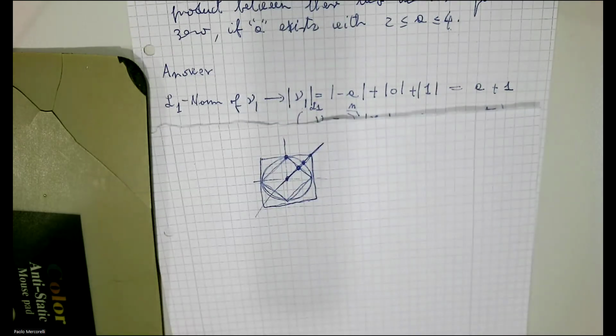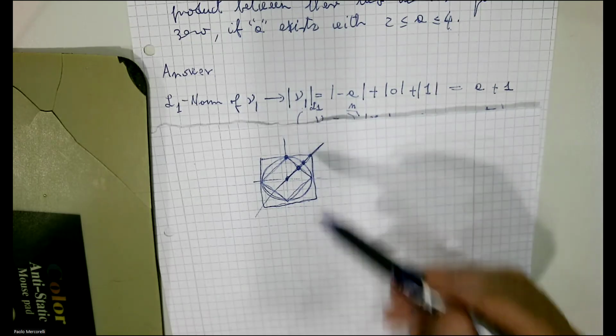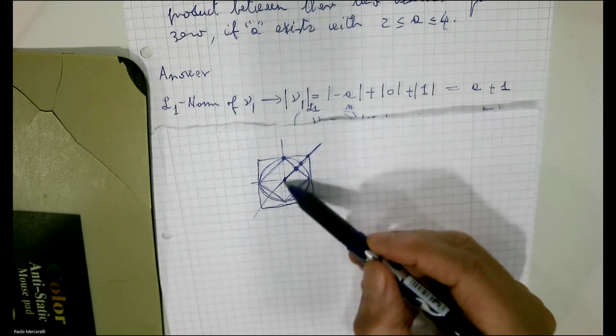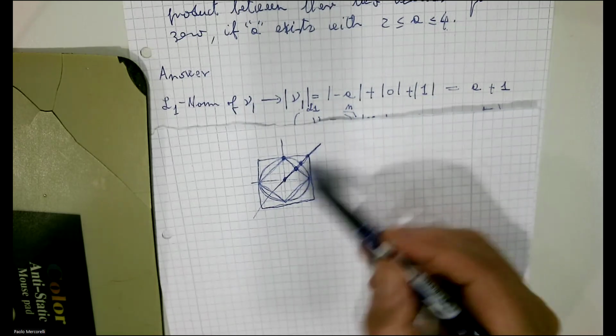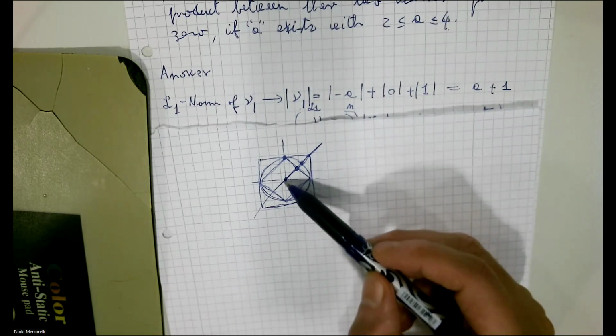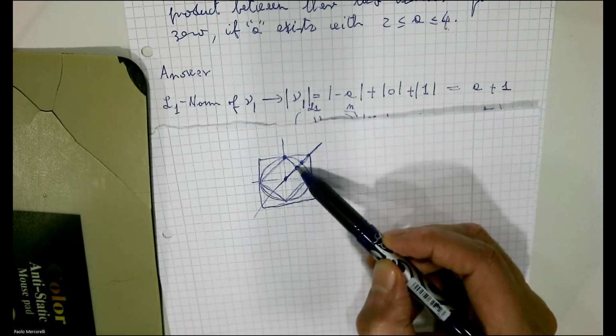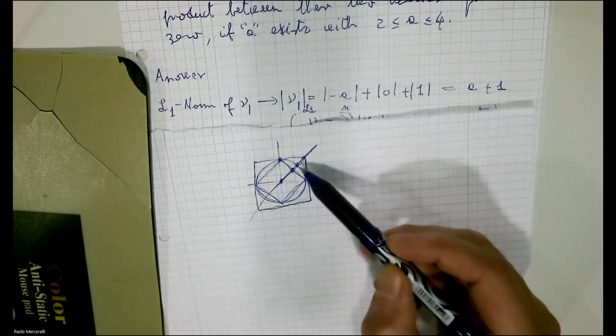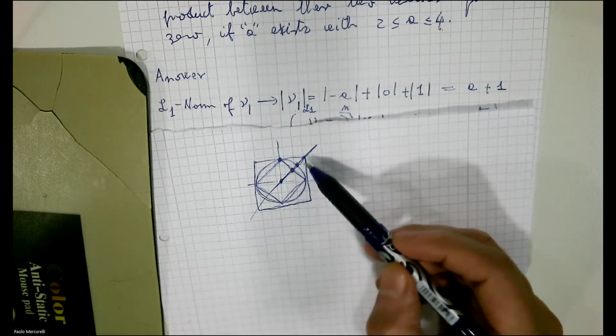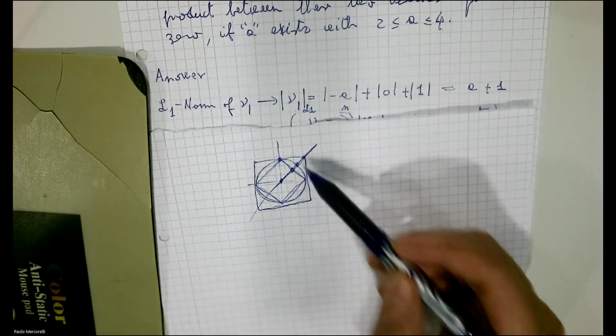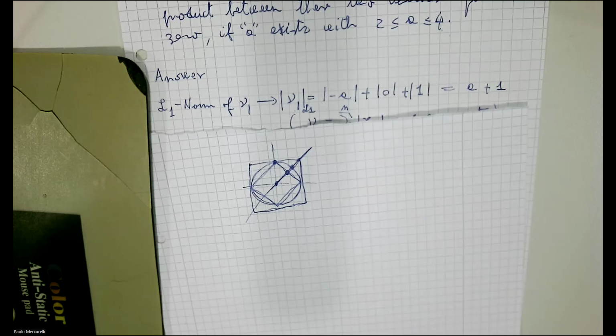Think about that too. This is a more interesting example. I move with a constant velocity, 1 meter per second, moving on this line here. How much time do I need to achieve this point? How much time do I need to achieve this point, in your opinion? Think about that all.